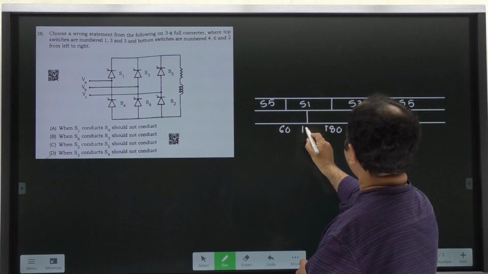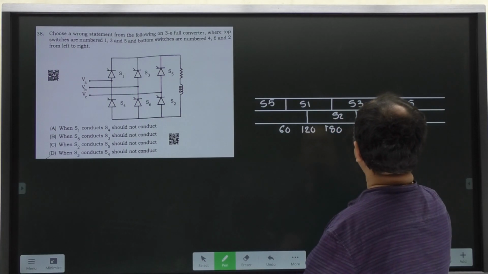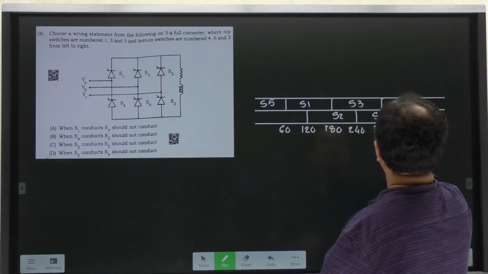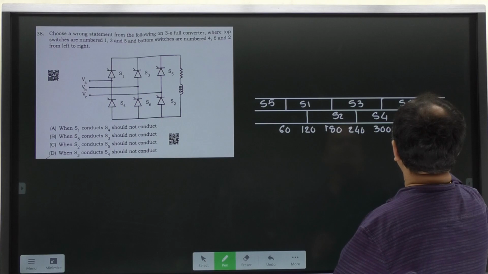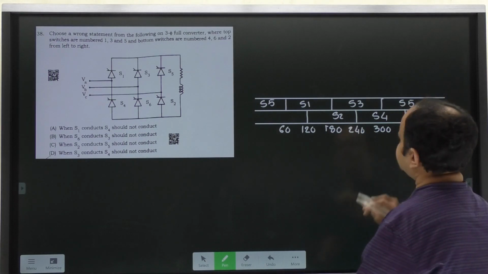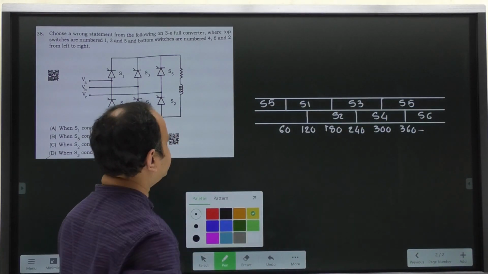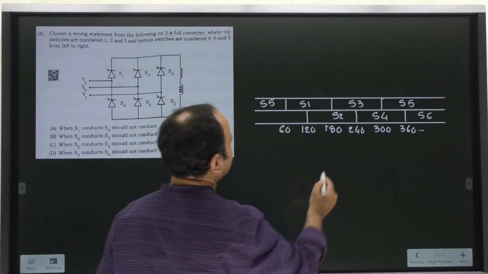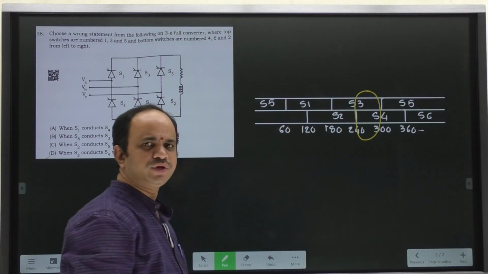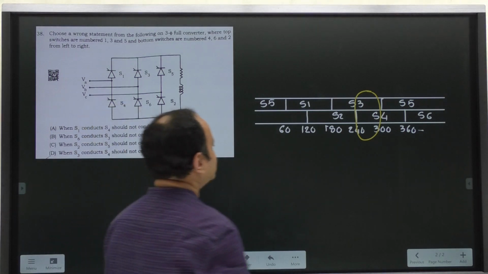At 120 S2, at 240 S4 and 360 S6. So in this particular conduction sequence diagram, what you can understand here, in this particular interval, that is from 240 to 300 degree, S3 and S4 both are conducting together.